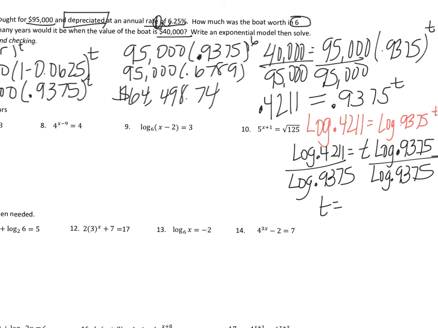So the log of the numerator divided by the log of the denominator is 13.40 years. So it would take 13.4 years for the boat to be worth $40,000.